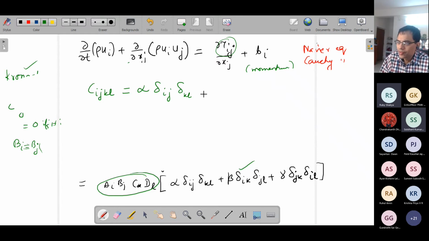Say A dot B is magnitude of A into magnitude of B into cos of theta, right? So if this theta is preserved, that means A dot B is preserved. So you can take that pairwise contribution, which is influencing the isotropy, as reflected by the dot product, and the dot product of A and B is represented by AiBi. So that is why that kind of representation.